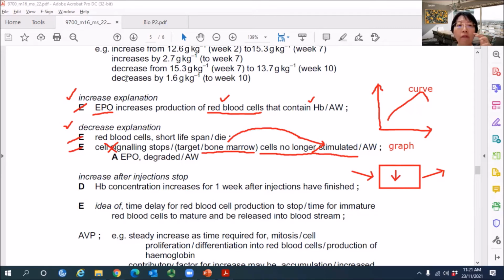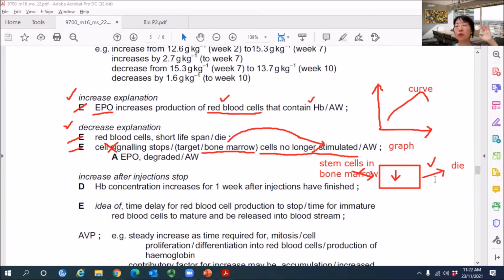Because I don't have input anymore. I've got output. What is the output? The output is the cells die. After 3 months, they died. Input is the bone marrow cells, the stem cells in the bone marrow, dividing and differentiating to form more red blood cells. So this is the input, this is the output.